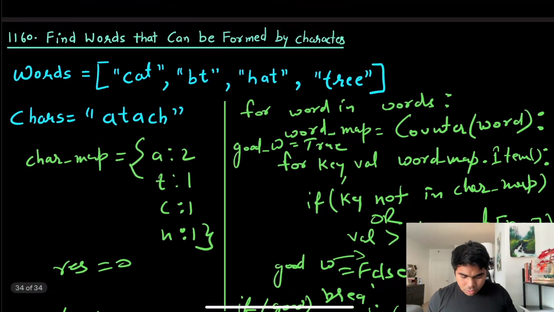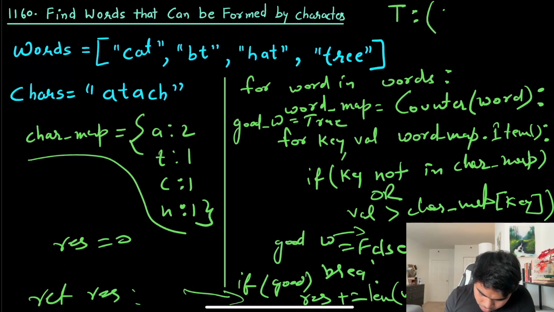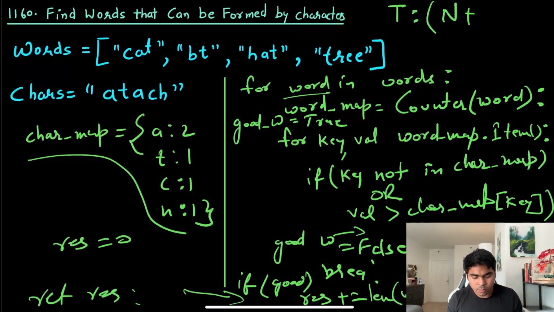All right, so for this solution the time complexity would be, first when we create this map, that uses N time complexity. Then for each word, let's say the length of the words array is W, and for that we go through all the frequencies.